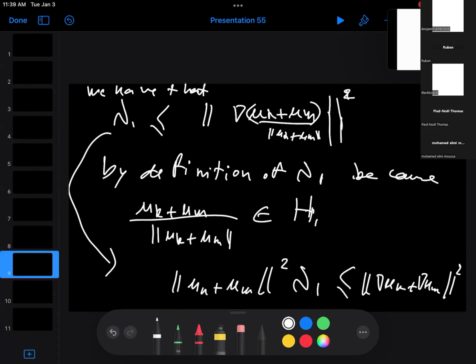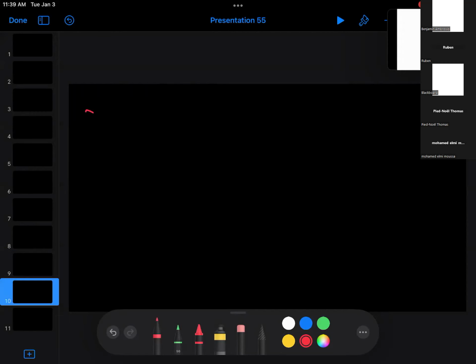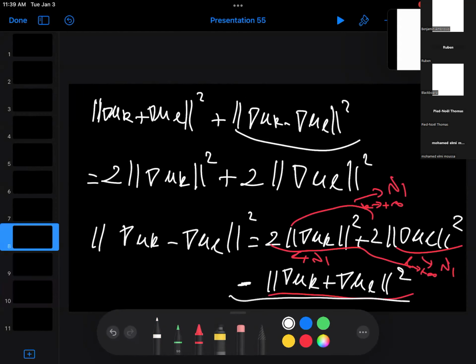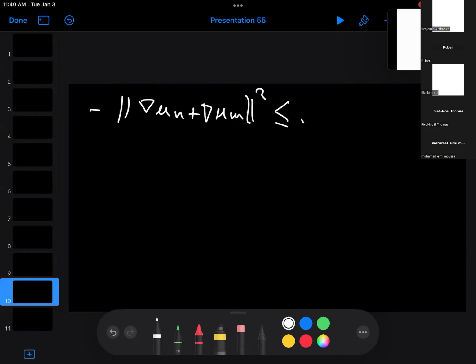So if I multiply by minus, I will get minus, and I will change that. So finally, I have that minus, sorry, minus is less than lambda 1.